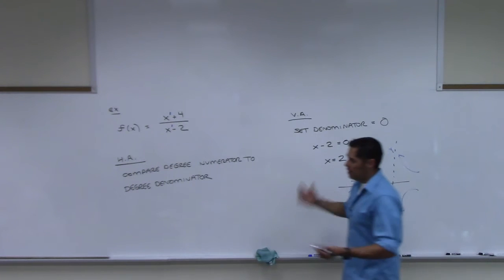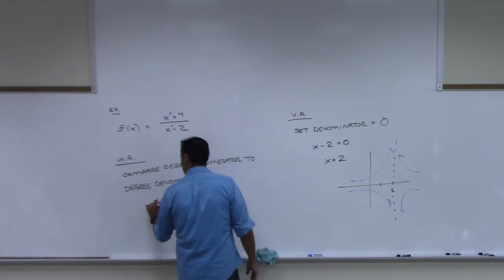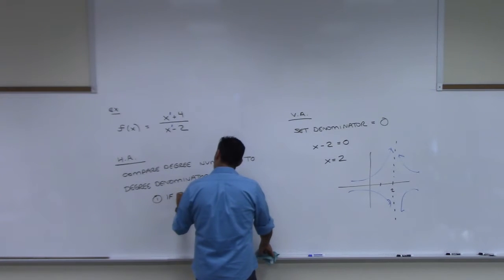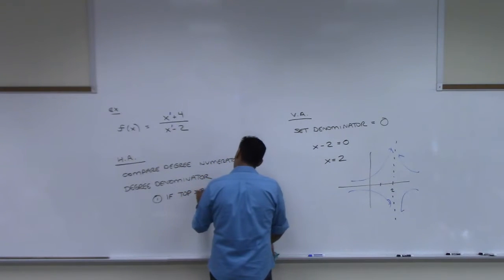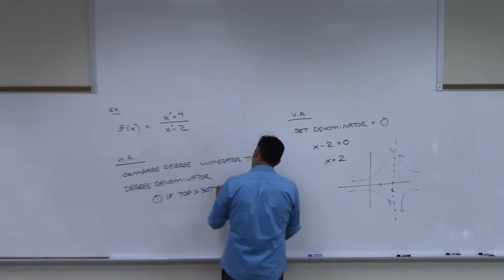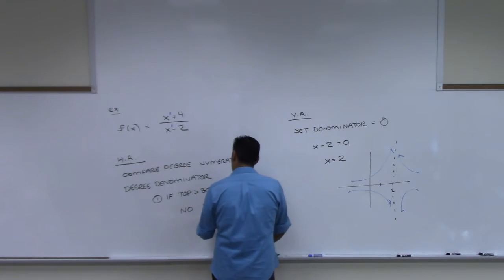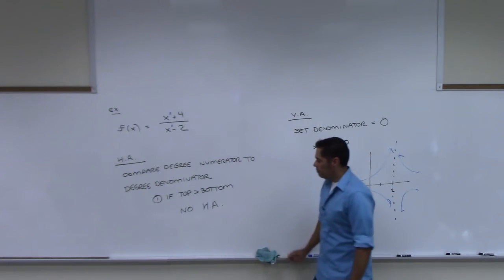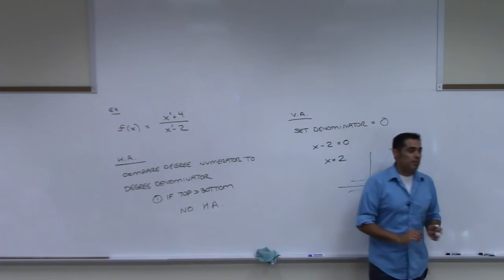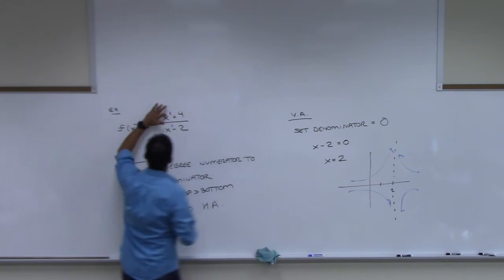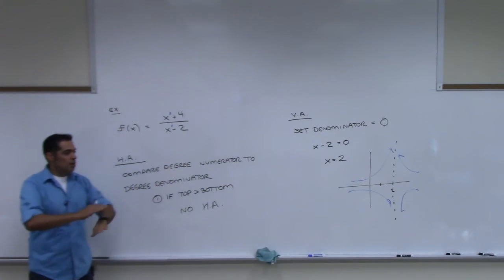So here are the 3 different scenarios. First, if the top is bigger than the bottom, you have no horizontal asymptotes. So that would be nice. If this happens, like if this was x squared up here, x squared plus 4, you would have no horizontal asymptotes.